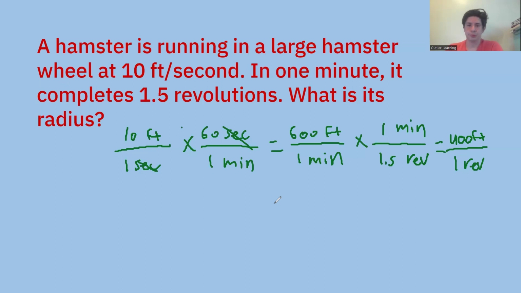So that means the circumference equals 400 feet. Which means 2 pi r equals 400 feet. And now, what does r equal? You're going to divide both sides by 2 pi.